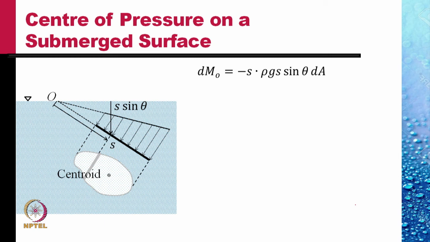This is negative because this moment is clockwise. Now, to find the total moment, we integrate over the area.